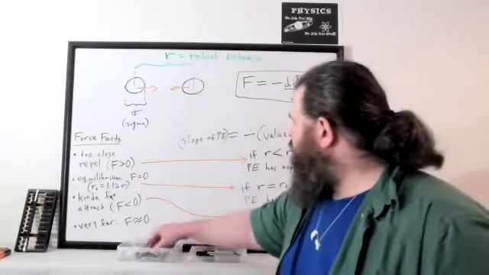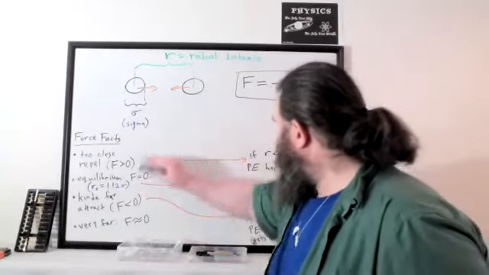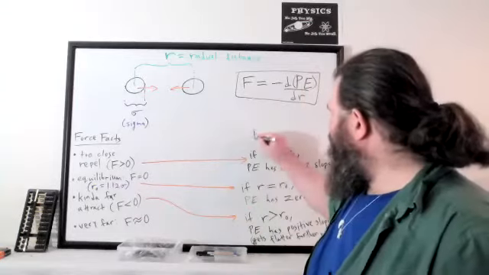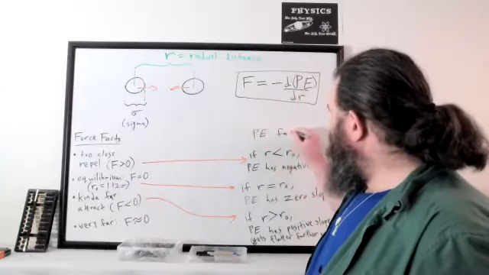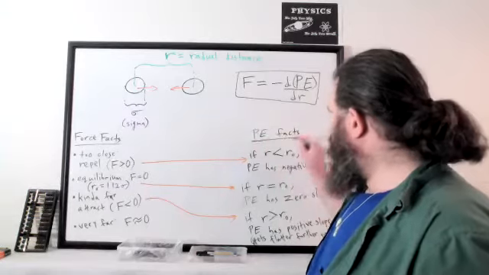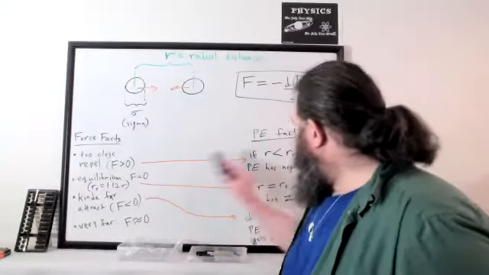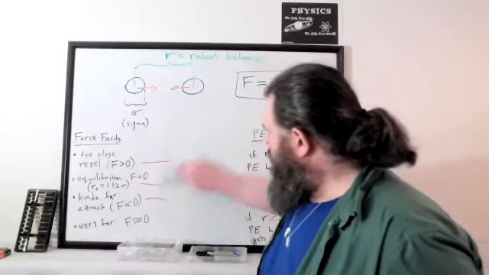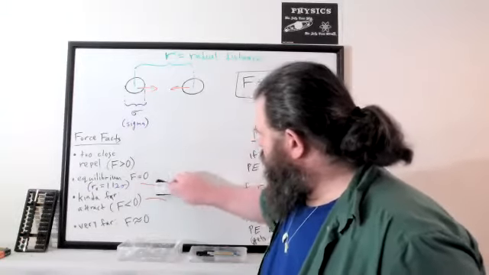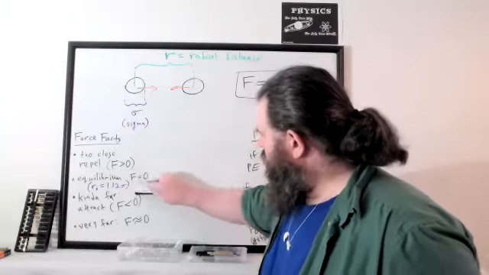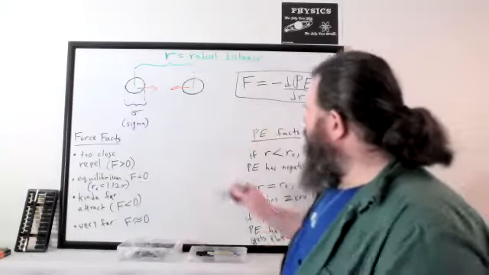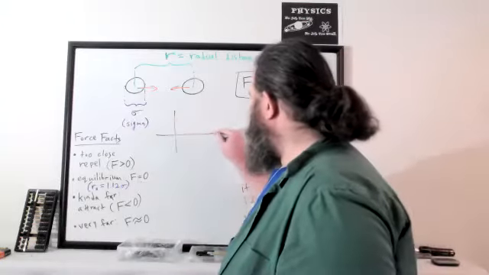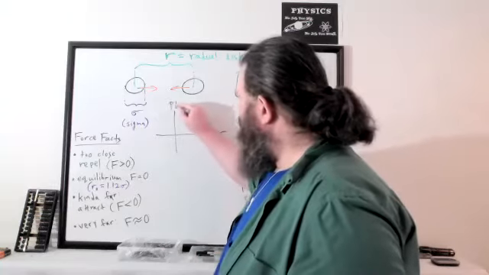So let's try using this to sketch that graph, now that we have all of these potential energy facts. Ultimately, we're going to be making a graph of radius versus potential energy.